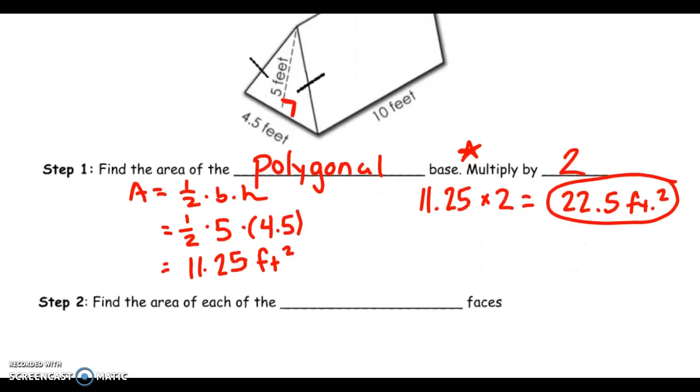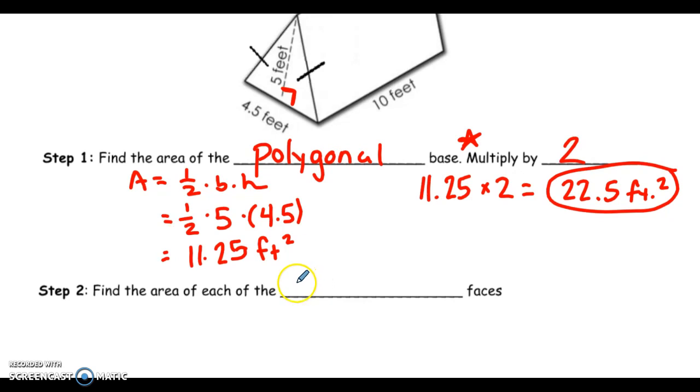The second step then would be to find the area of each of the rectangular faces, because what makes a prism is that all of the faces that aren't the polygonal base are always going to be rectangles. I think this part is the most difficult to visualize, so I have a little technique that I use.